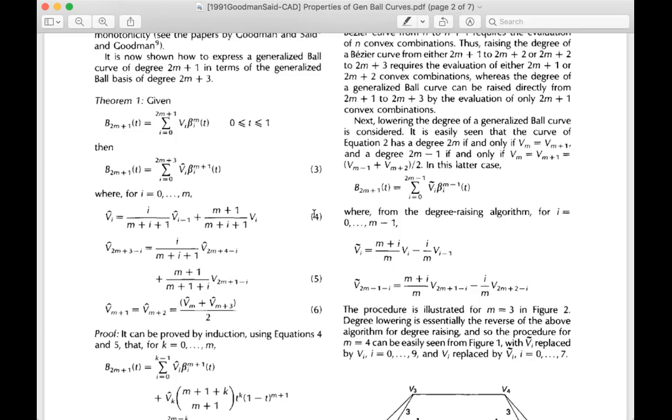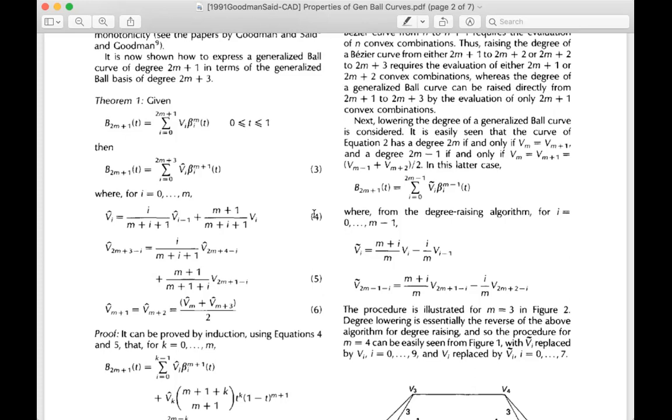And when we go to the properties of the curve, for example, the degree elevation. In this example, you are considering the degree elevation for the generalized ball curve.